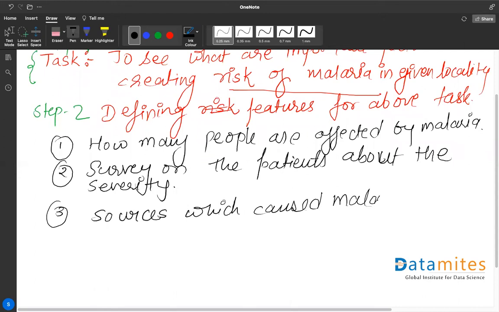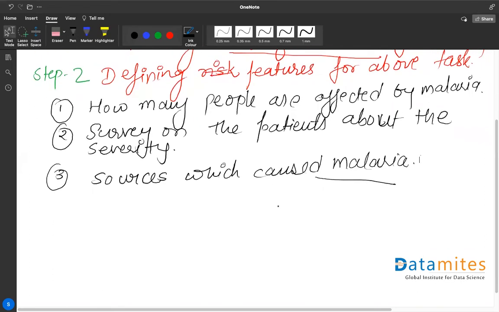In our case, mosquitoes are the creature responsible for malaria, because malaria cannot be transmitted via air. Only mosquitoes can do it. But what are the reasons why mosquitoes are developing there? Is there anything open, the hygiene? All this comes into play in this case. And finally, we can create a report on it.